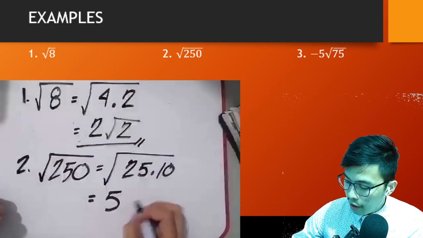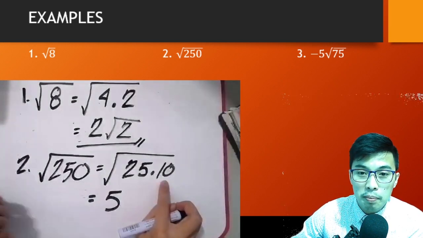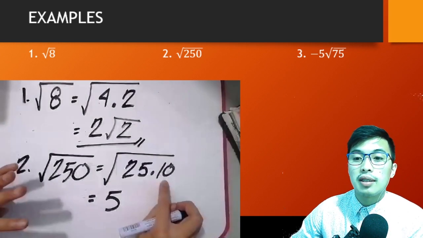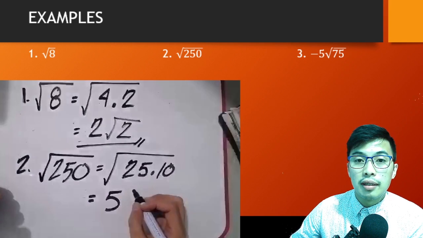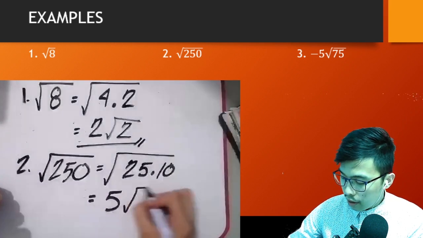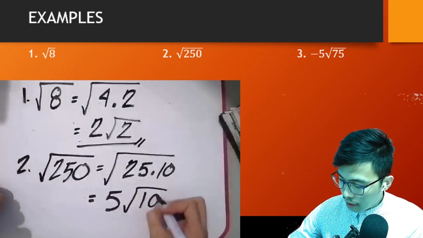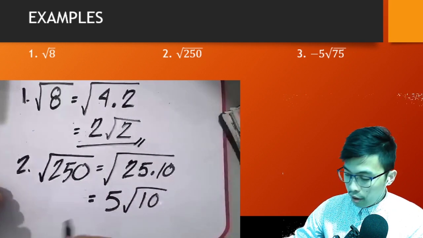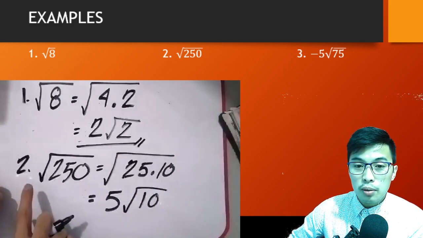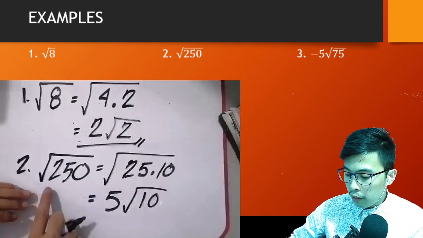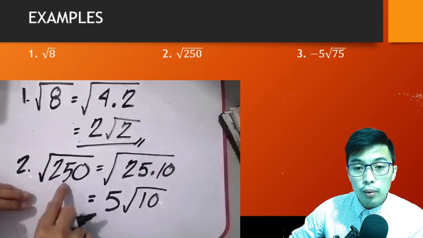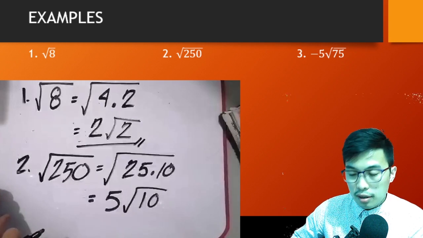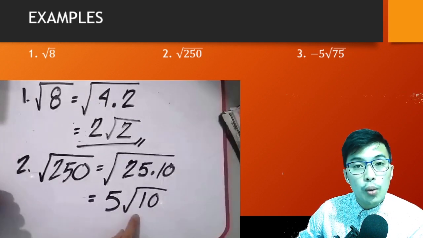Alright? And then, since 10 is not a perfect square, magre-remain ulit siya sa loob ng radical sign. So, that is 10. So therefore, we can now say that the simplified form of the square root of 250 is equivalent to 5 times the square root of 10.